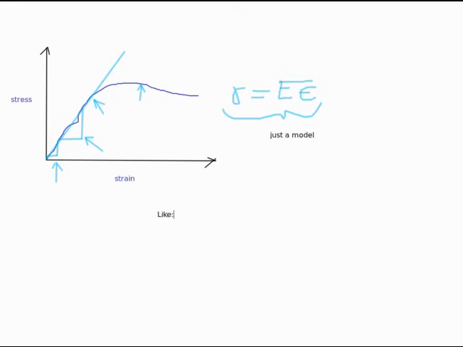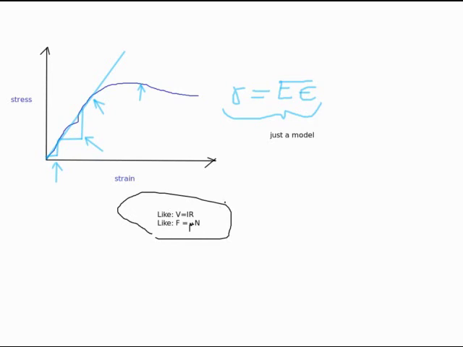Like other important models, V equals IR is just a model. Like in physics 1, force equals the coefficient of friction, our little mu, times the normal force. That's also just a model. So these are not exact equations. These are models that make our life easy.